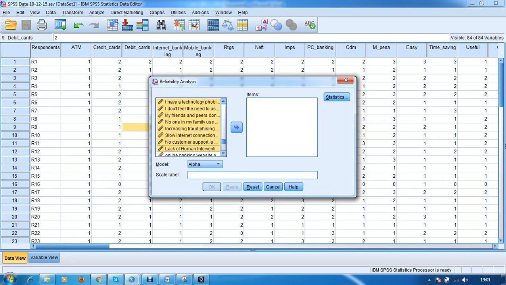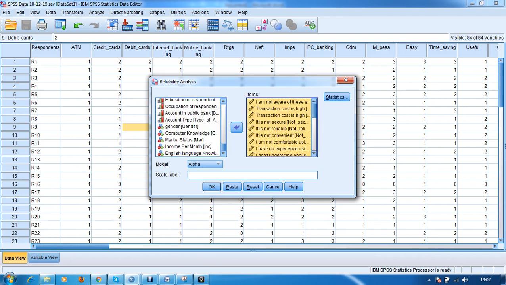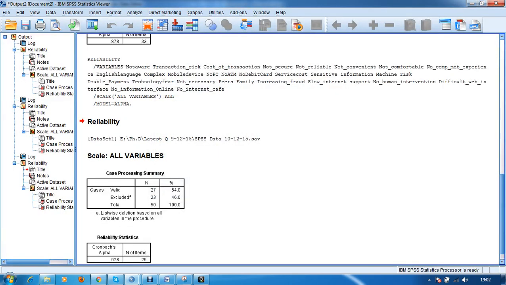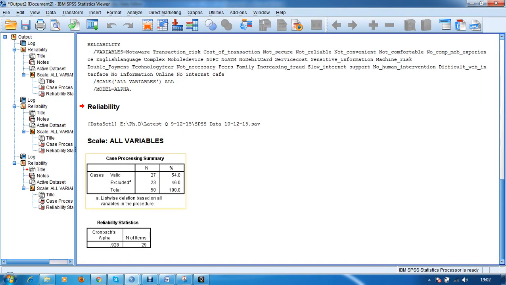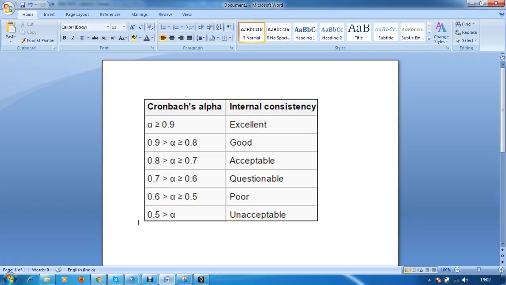There is a set of 29 variables here, as I have explained in the former part. I put these variables in and click OK. Here 27 cases are valid and the number of excluded cases is 23, so I have a 54% valid response rate. Here I am getting a very good alpha value, which is 0.928, and I am measuring altogether 29 items, which means that it is greater than 0.9. It is excellent, so the questions that I have incorporated in the questionnaire are really consistent.